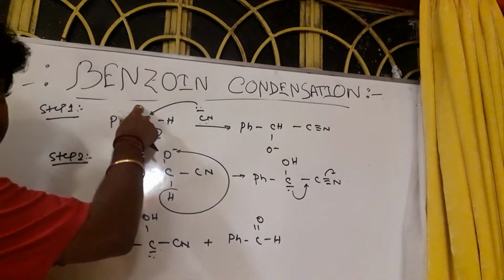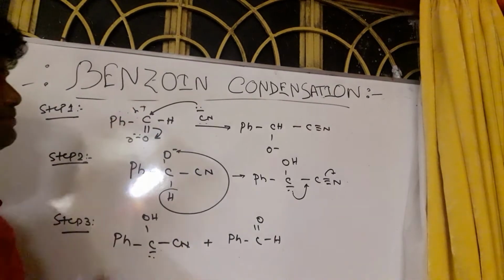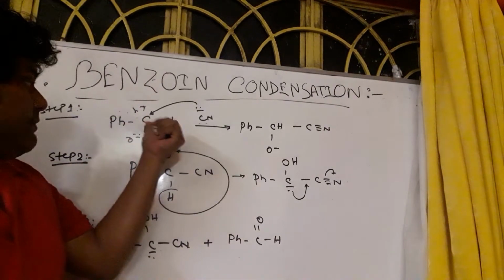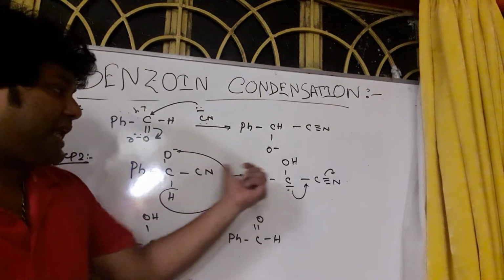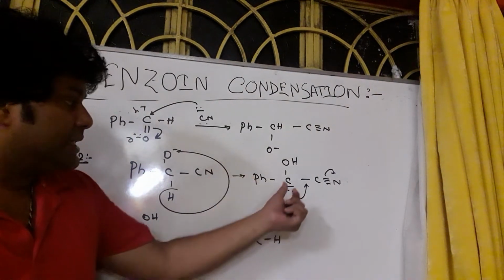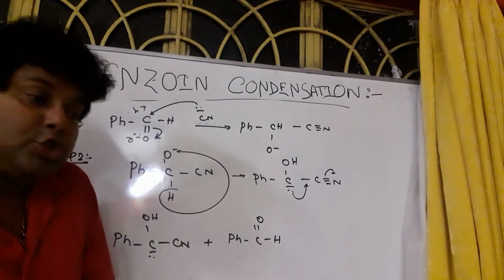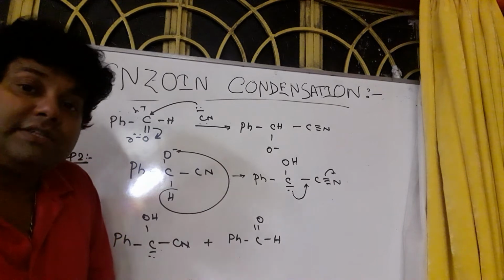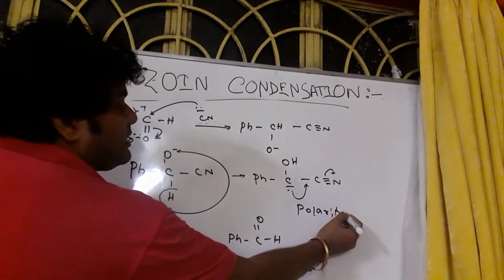This was getting a delta plus, that is a partial positive charge, and this was getting a partial negative charge. But at this carbon, initially there was a positive charge, but after this attack happens here, this carbon gets a negative charge, that is the carbanion is being produced. So polarity is getting reversed. So it is known as polarity reversal.